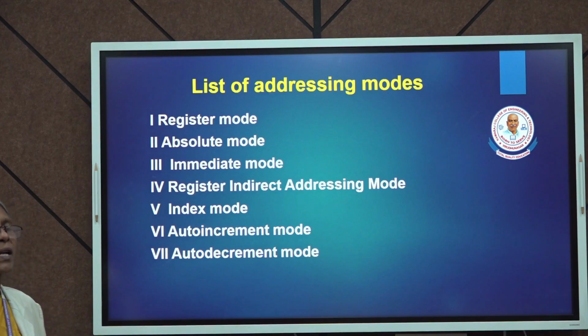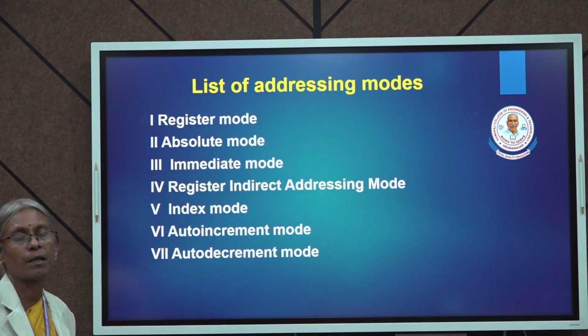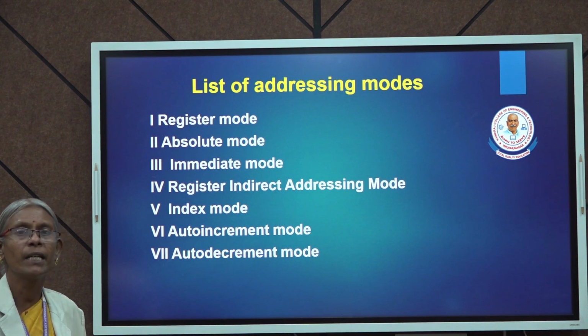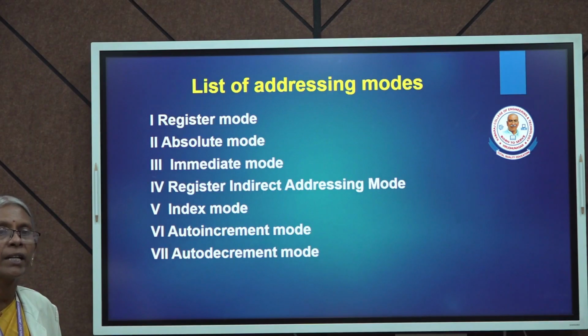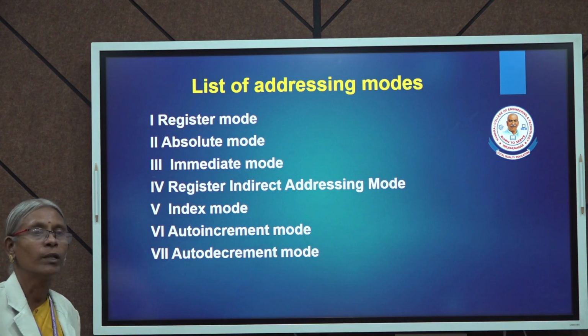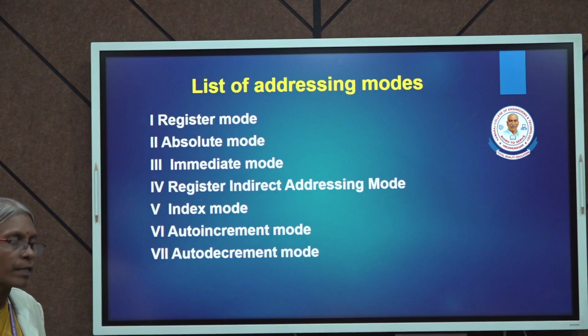Now let us summarize the addressing modes. It is register mode, where the registers hold the operands. Then we have the absolute mode, where the address of the operand is given explicitly in the instruction. Immediate mode, where the operand is given explicitly in the instruction.